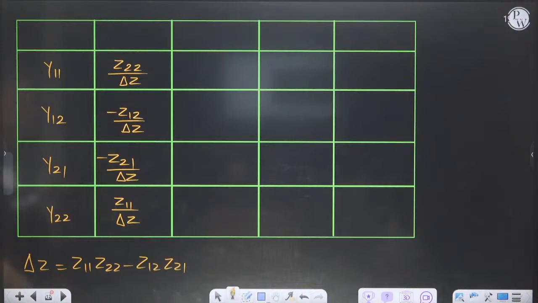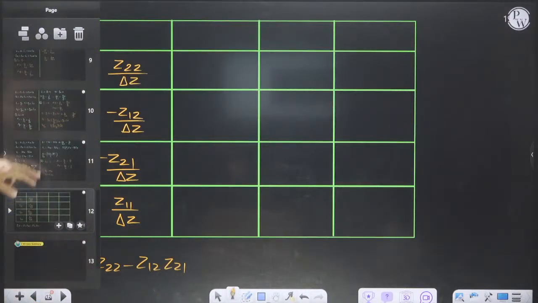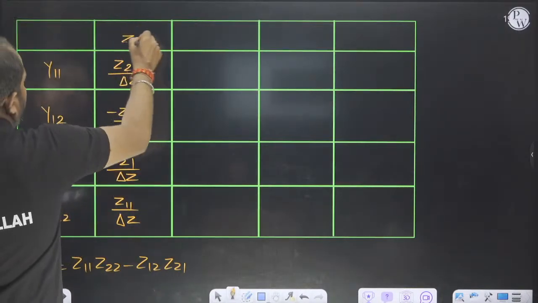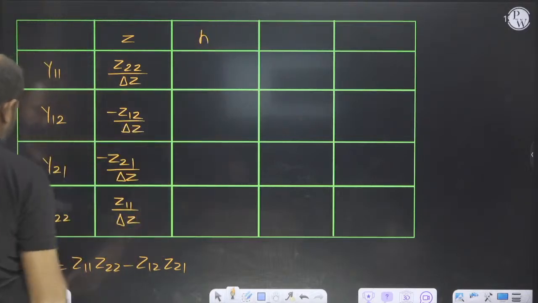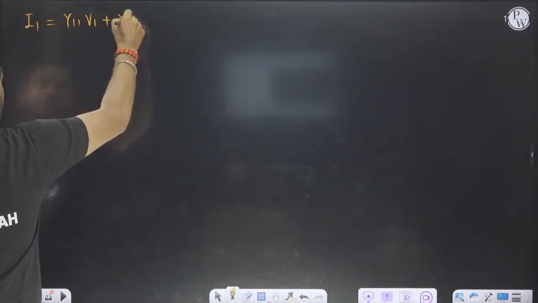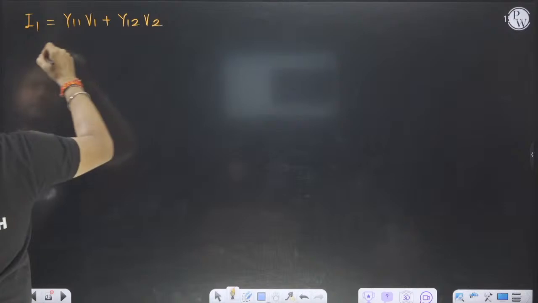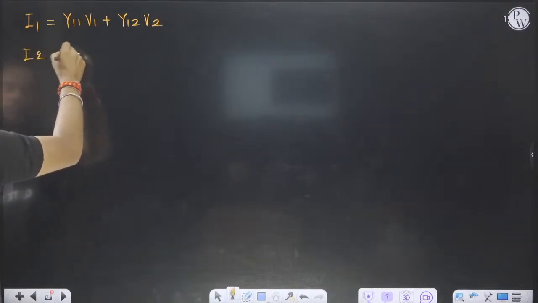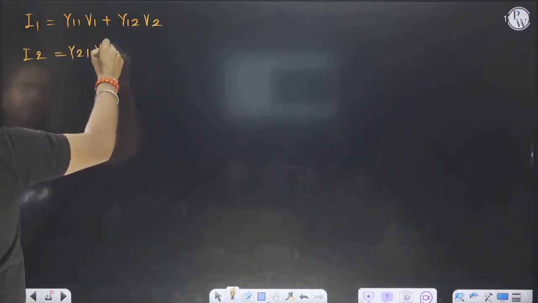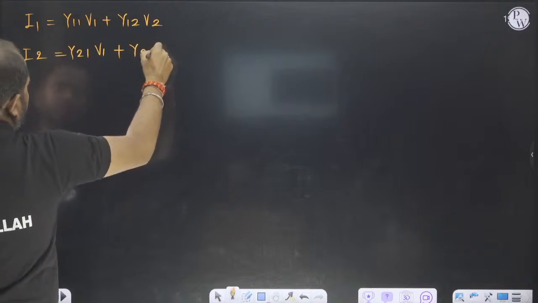Okay, so in terms of H parameter, how we will derive this? I1 is equal to Y11 V1 plus Y12 V2, and I2 is equal to Y21 V1 plus Y22 V2.